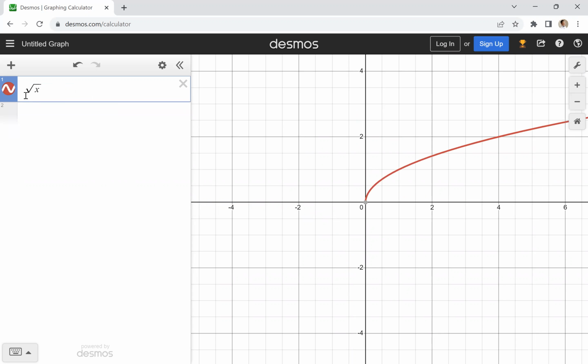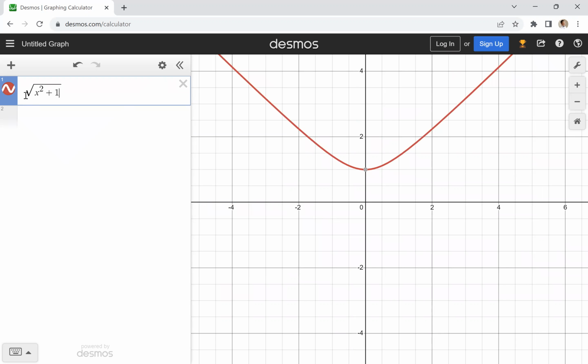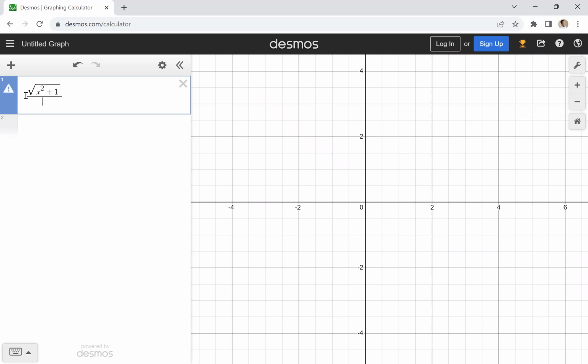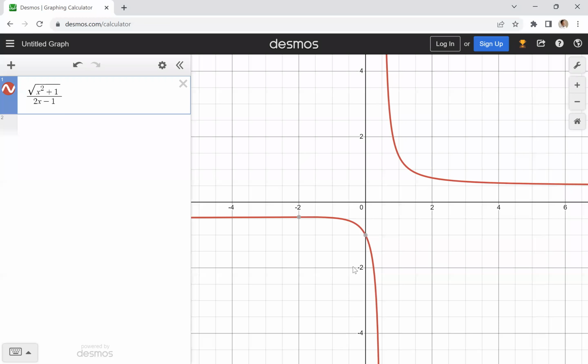Square root of (x squared plus 1) over (2x minus 1). Ta-da! Yay! Two horizontal asymptotes and one vertical asymptote.